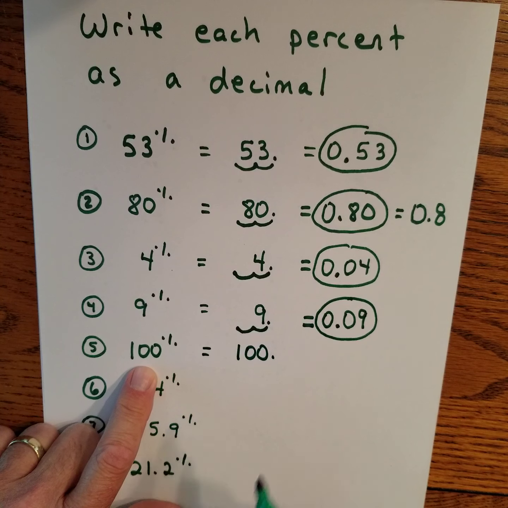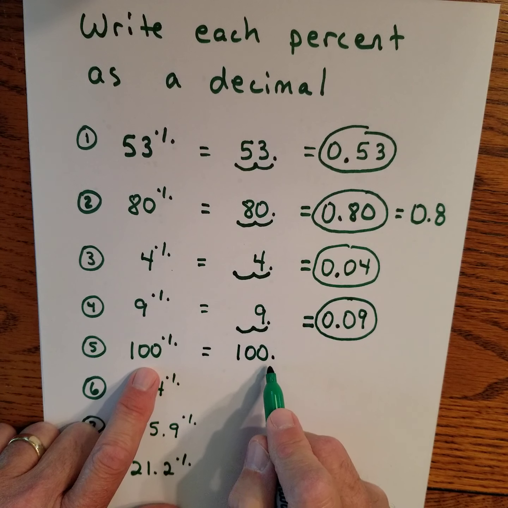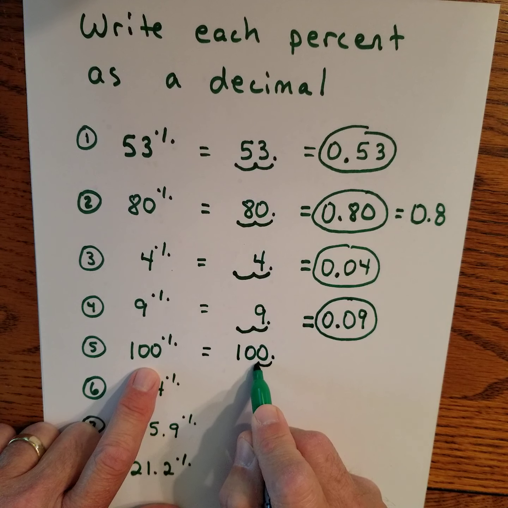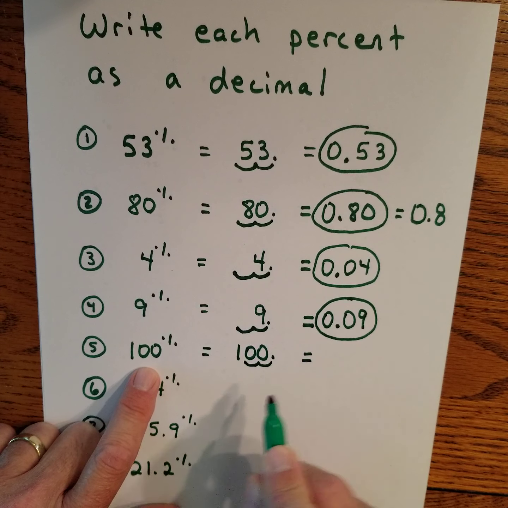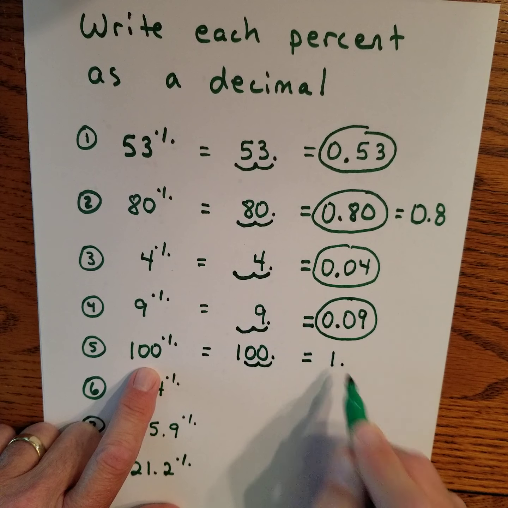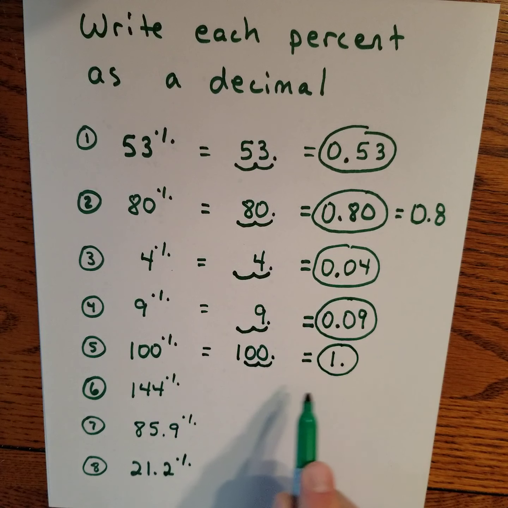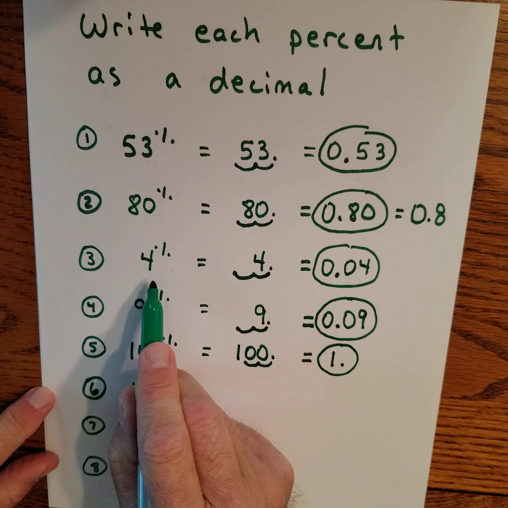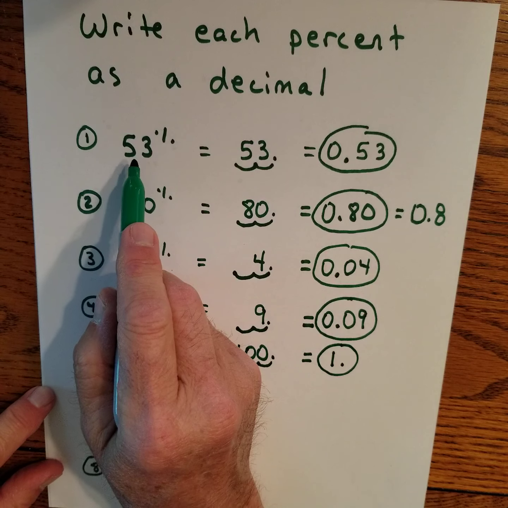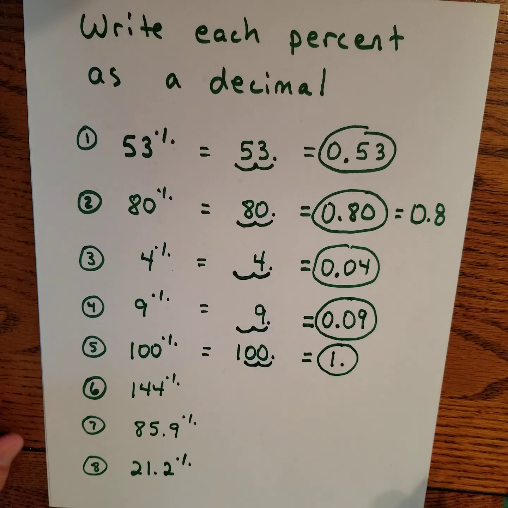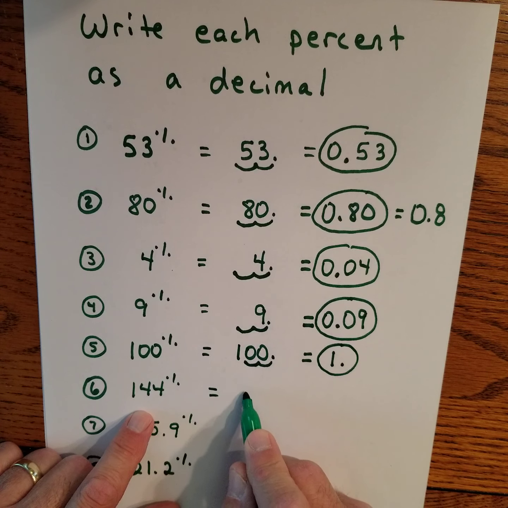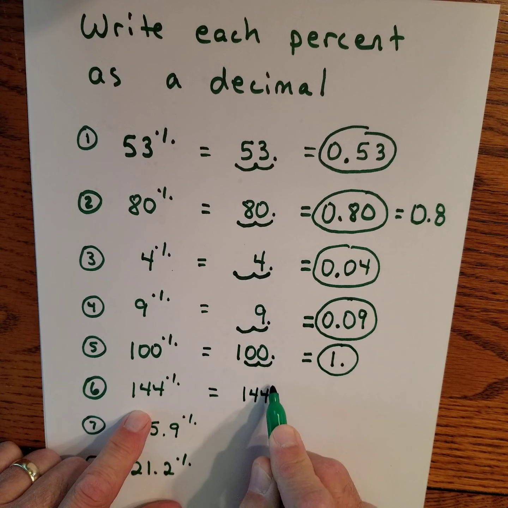If the decimal point starts there, and I always move the decimal point 2 spots to the left, that would put the decimal point right next to the 1. 100% is the same as 1. 4% is 0.04. 53% is 0.53.